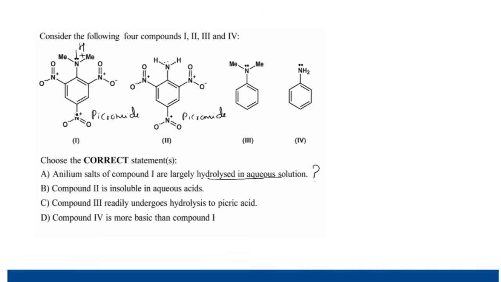Although we have 3 nitro groups which withdraw electrons here, still the lone pair will not undergo resonance due to the SIR effect. There are bulky groups at the ortho position, so the lone pair will not undergo resonance. That's why we call it steric inhibition of resonance of the lone pair of electrons present on the nitrogen.